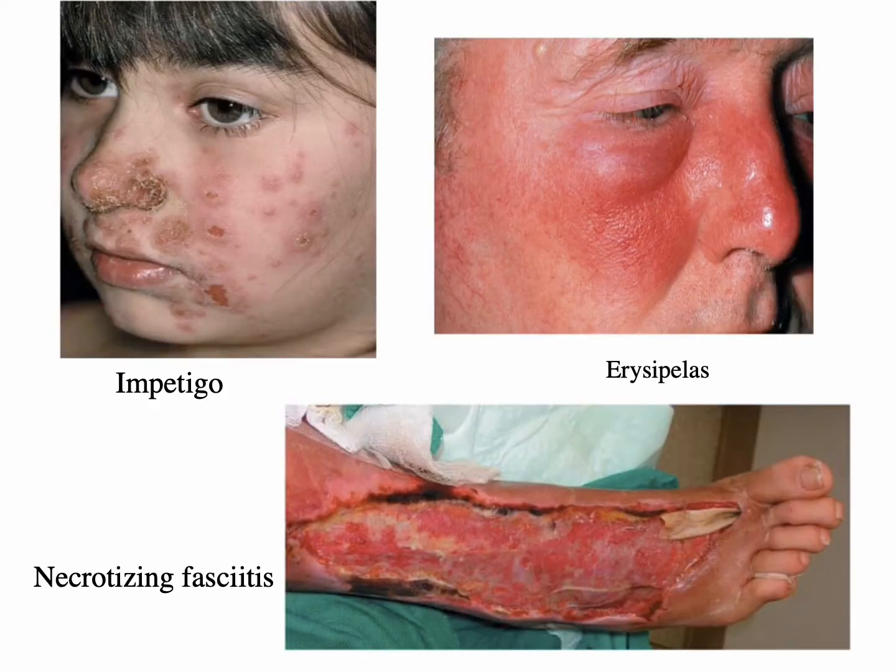So here are three pictures of the disease. You have impetigo, very similar to a staphylococcus lesion, on the facial area. Erysipelas is more of a reddish rash kind of thing, and then necrotizing fasciitis.